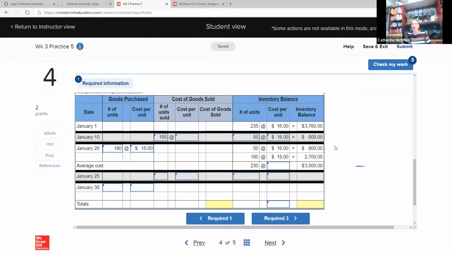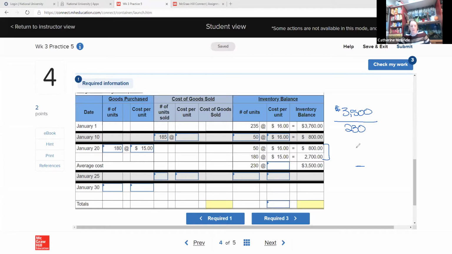But there's something interesting about weighted average. Instead of using last in, first out, or anything like that, we're going to say, all right, we have a total. Here's our layers. We have a total of $3,500. For that $3,500, we purchased 230 units total.